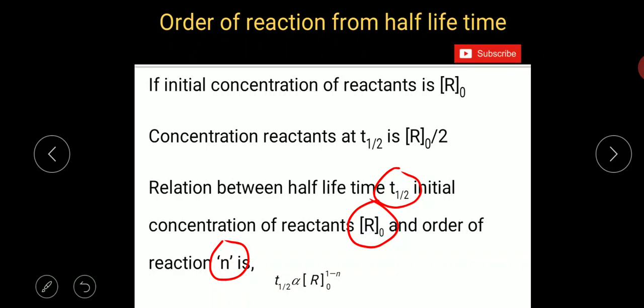If this formula is applied to different conditions, you will get T half 1 by T half 2 equal to R naught 1 by R naught 2, whole power 1 minus n. You can use this formula to find out the order of reaction if you know the half-life time and initial concentration of reactants.